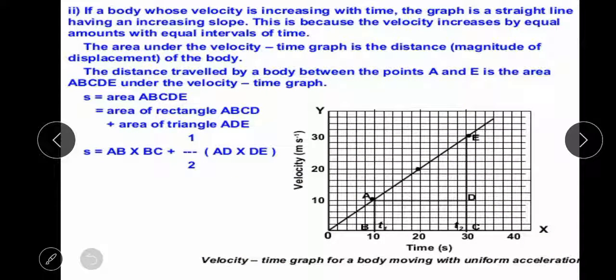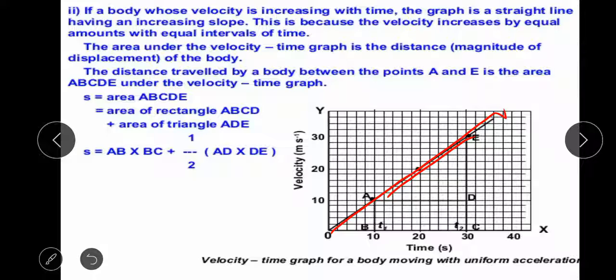Now, if you have to show the velocity increasing or decreasing, suppose first case, if you have to show the velocity increasing continuously with time, meaning accelerated motion, then the graph will be a 45-degree sloped line. Under this condition, the distance traveled by a body between the points, suppose here is a point AE, is the area ABCD.